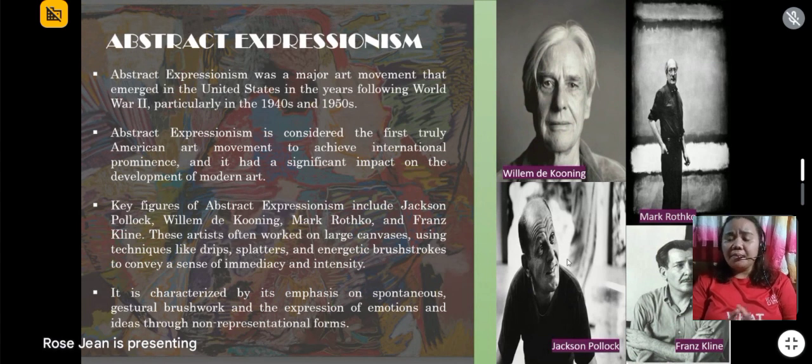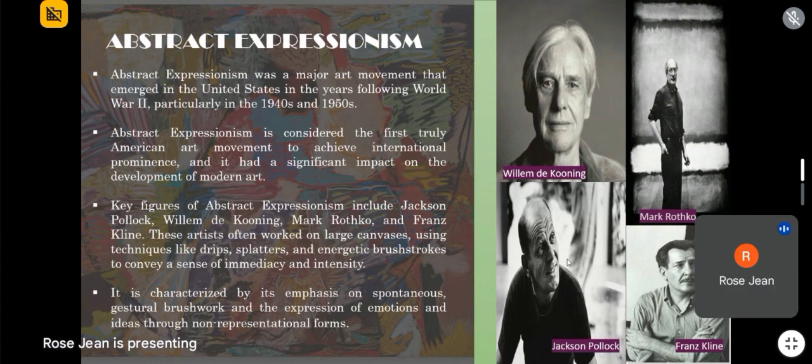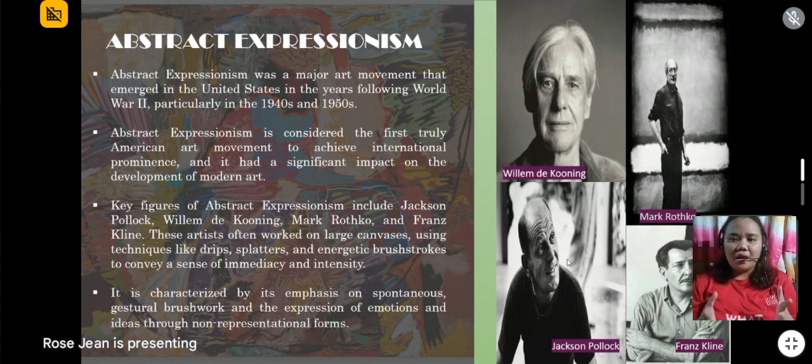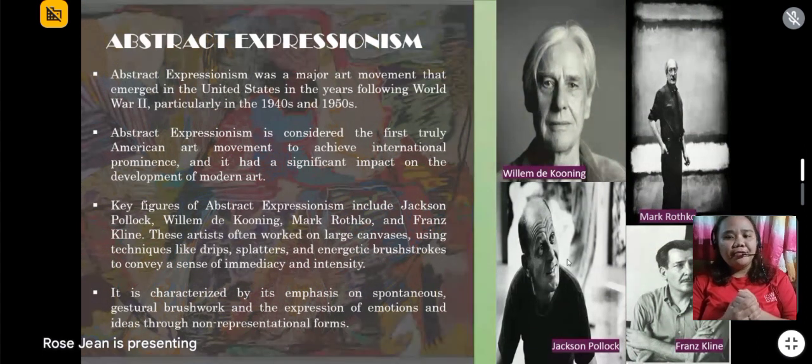Characteristics of abstract expressionist works include gestural brushwork, dynamic compositions, bold use of color, and a sense of spontaneity and improvisation. Artists often work on large-scale canvases, allowing for physical engagement with the painting process.